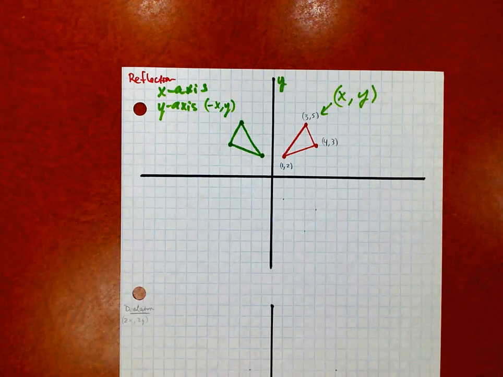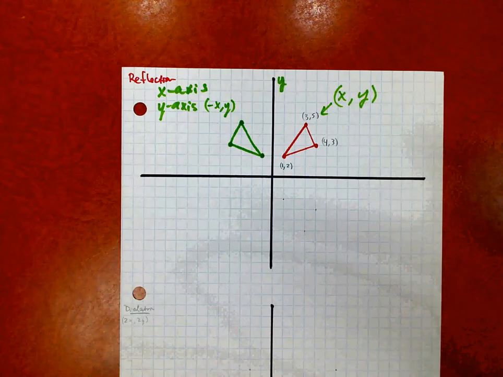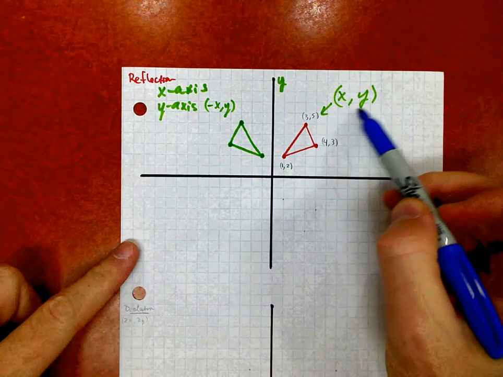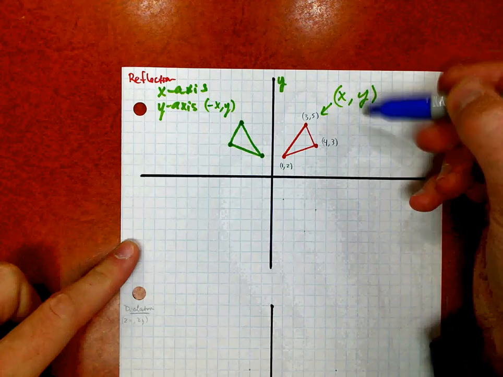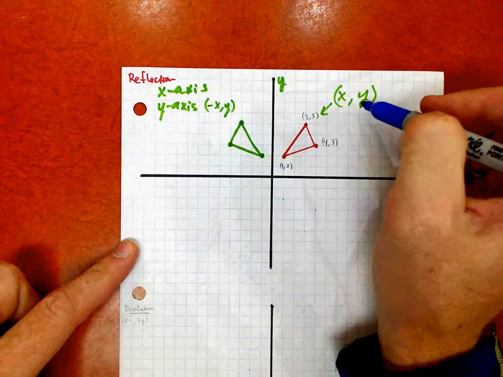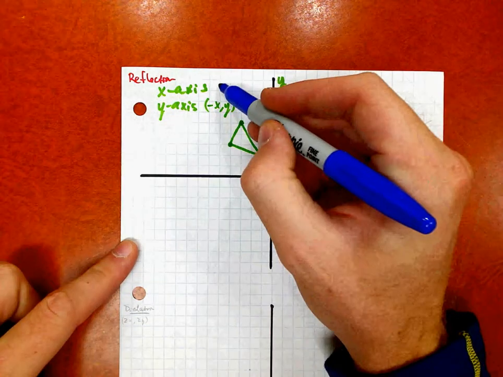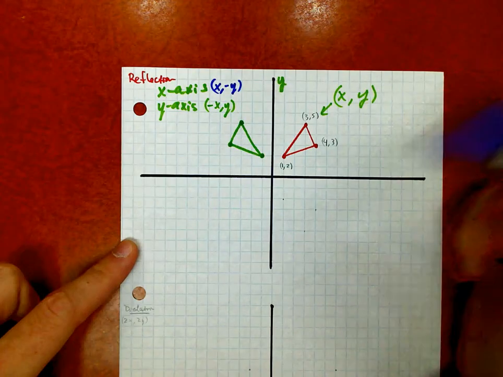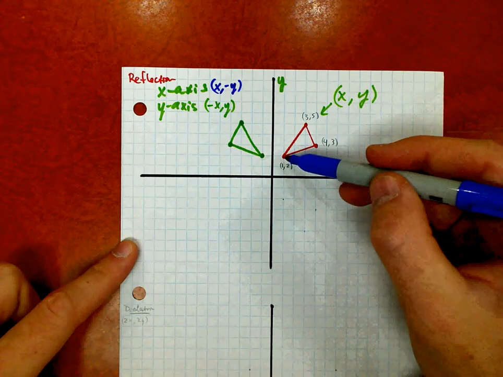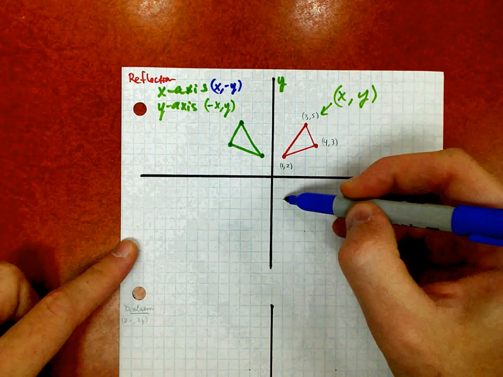If we want to mirror the image over the x-axis, we want to take every ordered pair and make the y value become the opposite. So I'm going to think of every x, y ordered pair becoming x, negative y. So 1, 2 becomes 1, negative 2.